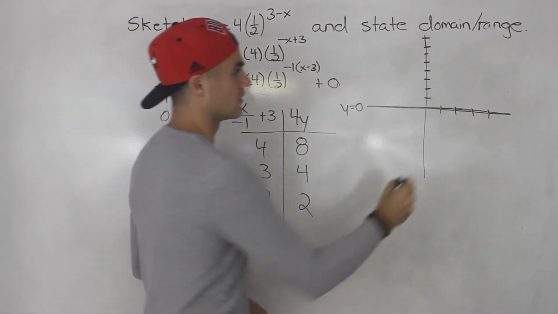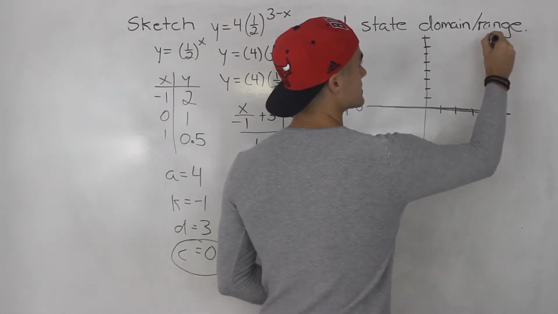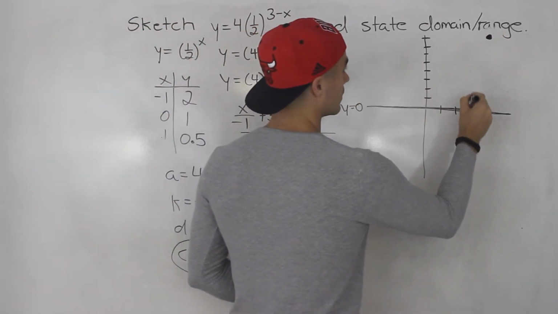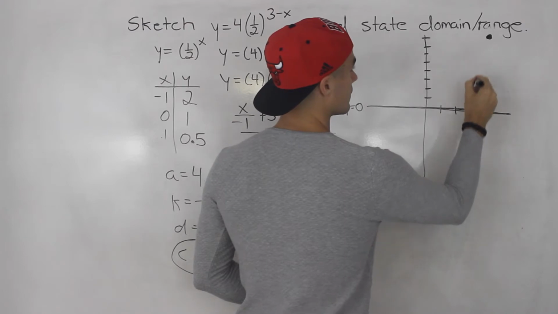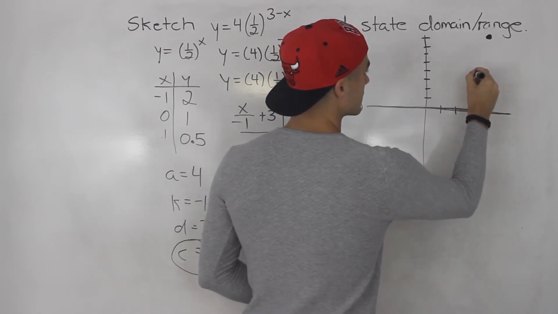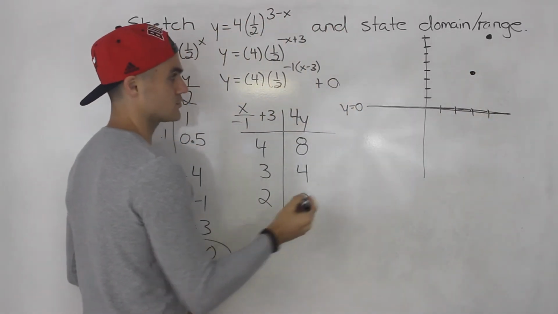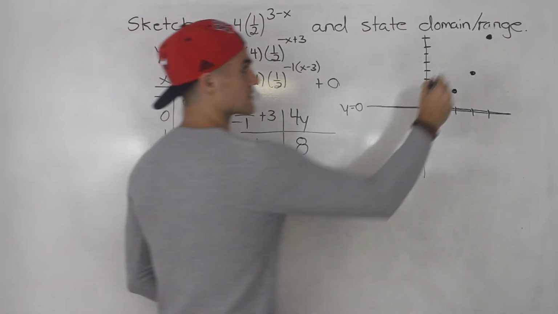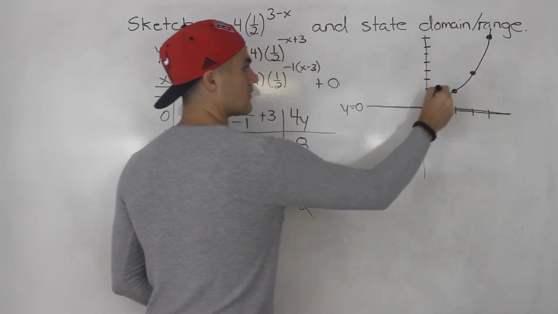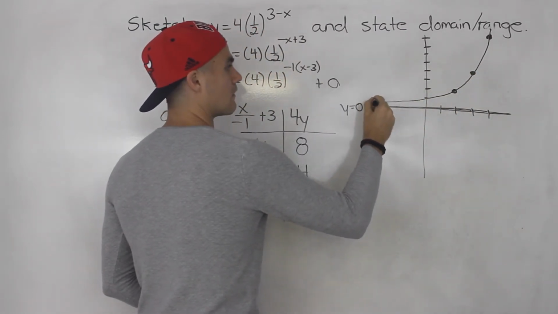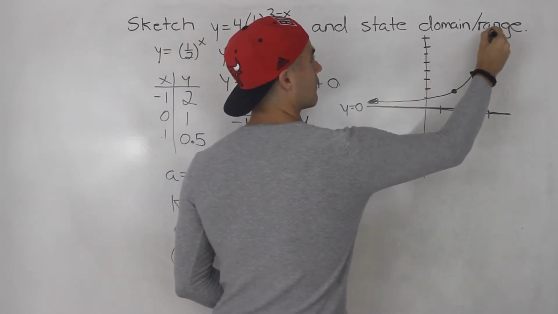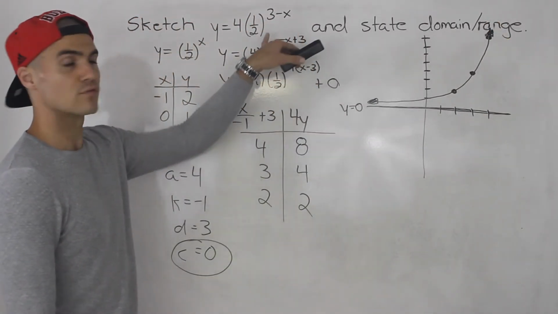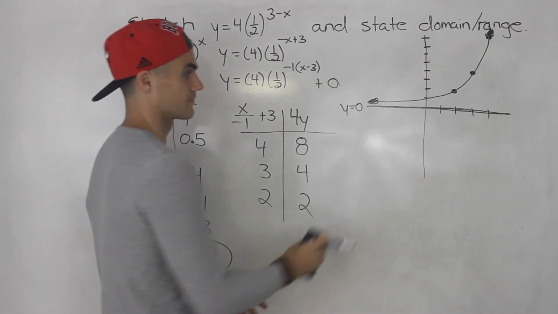So 4 and 8, that's like up here. Then we got 3 and 4, which would be here. So that's going to be like right there. And then 2 and 2, that's going to be like right there. So we have this curve now, like that. That is the graph for this function.